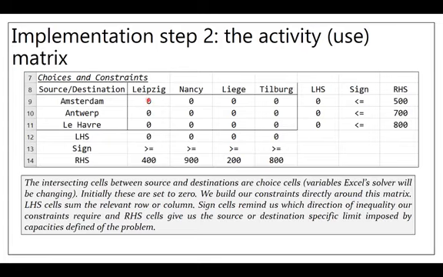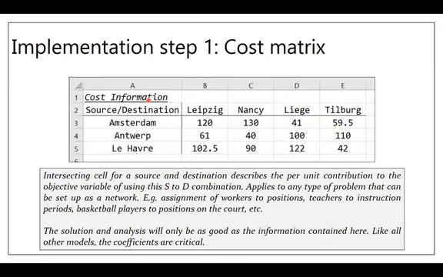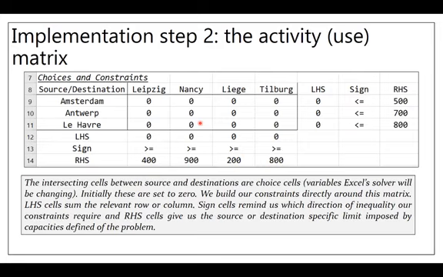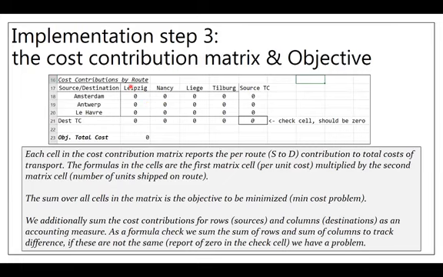And so what we can do in that third matrix to get the total cost contribution is multiply this cell in the top matrix by its corresponding cell in the second matrix, the choices and constraints matrix. And then in our third matrix, the cost contributions by route, we will report here the cost per unit shipped on this route times the total number of units shipped along this route, and we'll have a cost contribution right here.